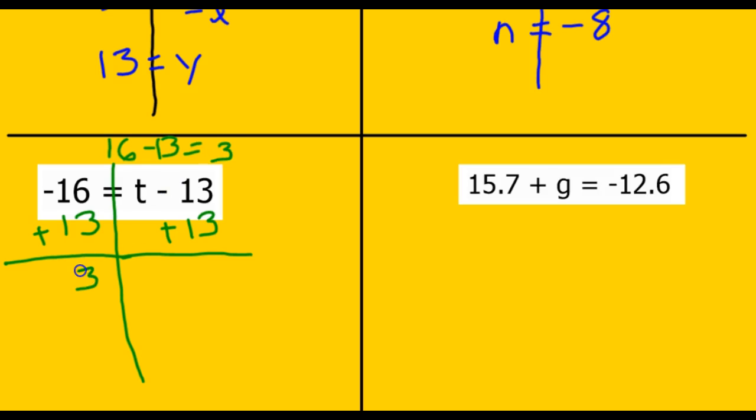Now I keep the sign of the number that I have the most of. So if I have more negatives, I'm going to keep the negative sign. So I'll keep that negative. We get a negative 3. Negative 3 equals t.